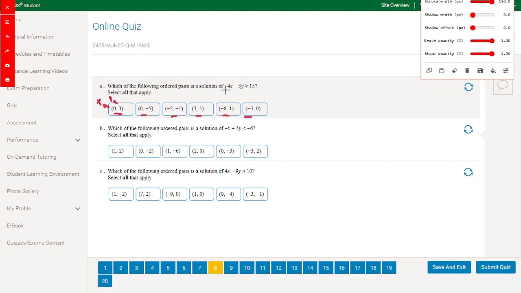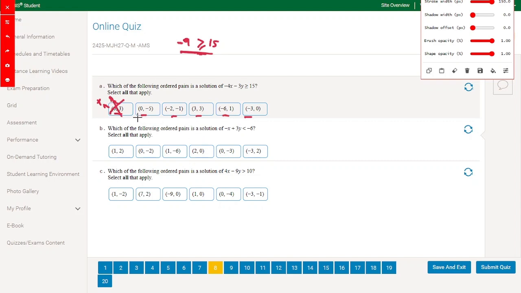So here, minus 4x, x is 0, so it will be 0. Minus 3y, y is 3, so minus 3 multiply 3 will be minus 9, greater than or equal to 15. Is this inequality right? No. Minus 9 is less than 15, so this would be a wrong answer.